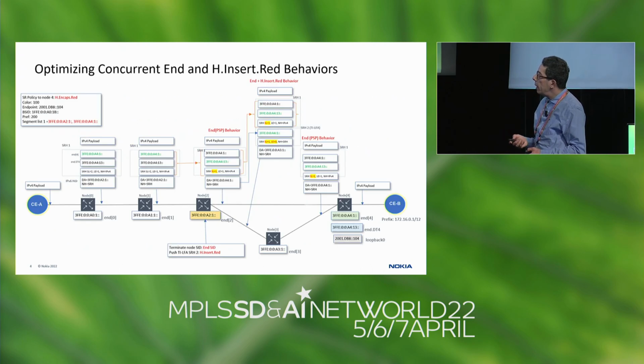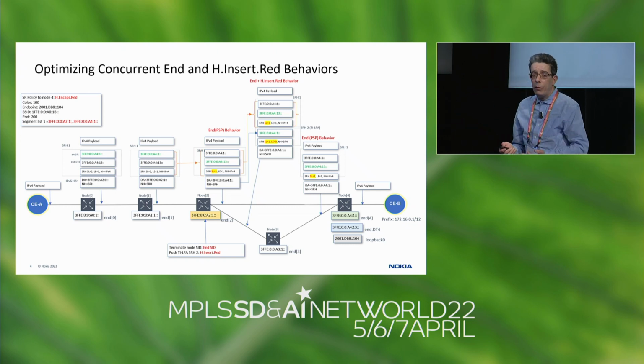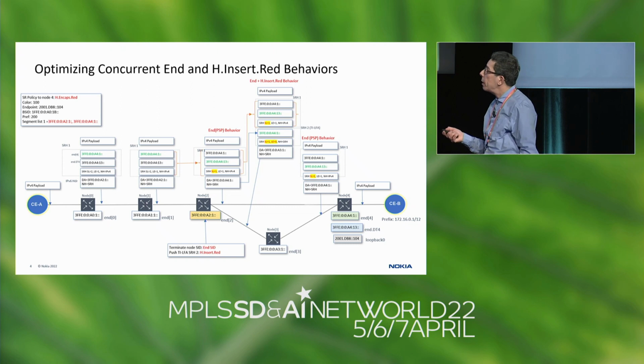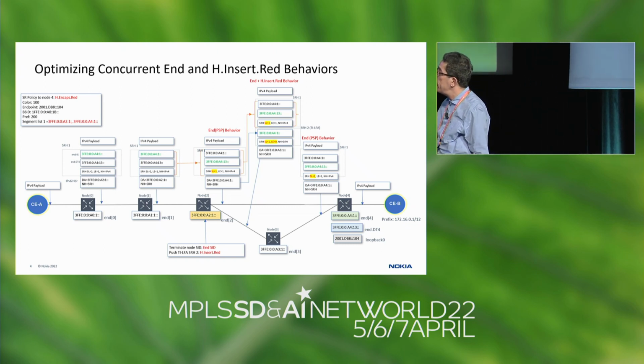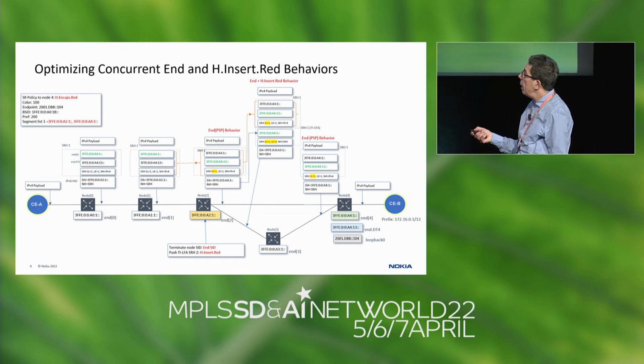So the first case, and I apologize for the busy slide, the only way you can explain some of this is actually to show the packet flow through the network. Basically, we're pushing a segment list using H.Encaps.Red here at the ingress PE, like node 0, which has two SIDs in the segment list.